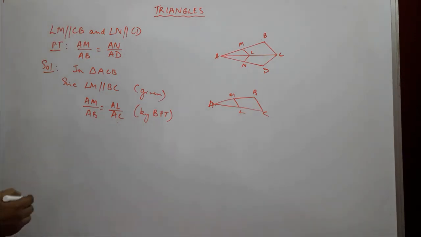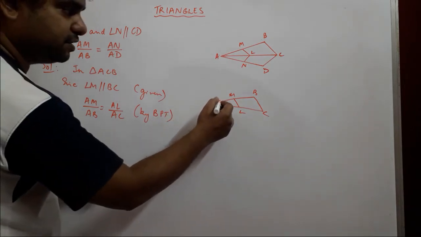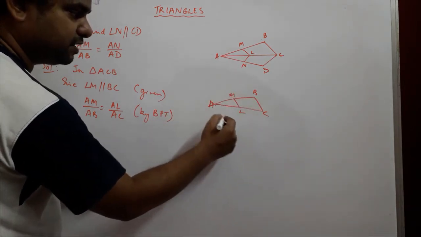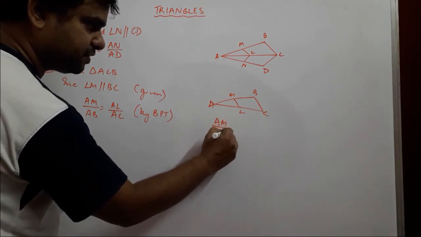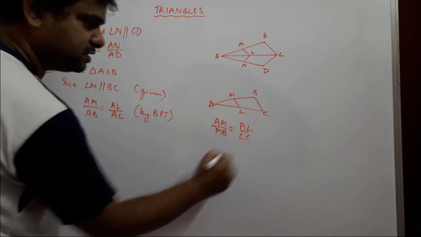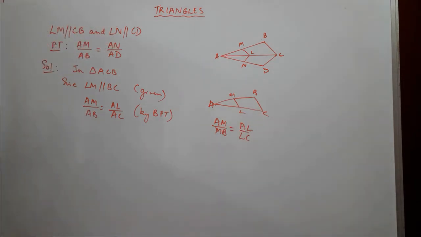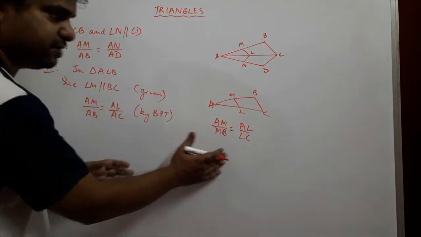Got it? So remember, just because we have started with a proof which would have actually said the two lengths, normally we would have taken something like AM upon MB equal to AL upon LC. But the theorem doesn't state that it has to be taken this way itself.